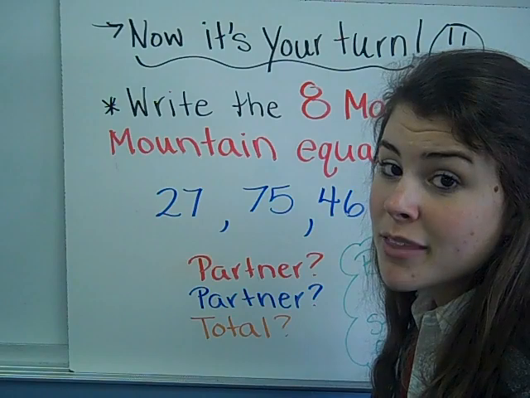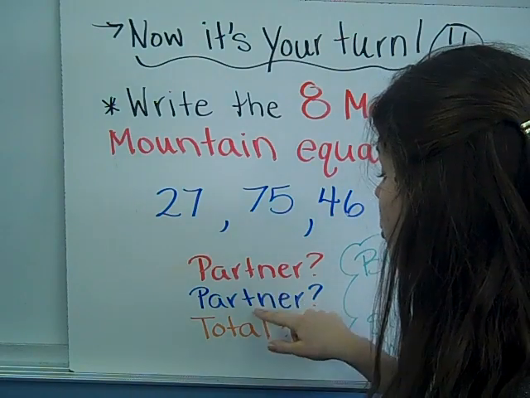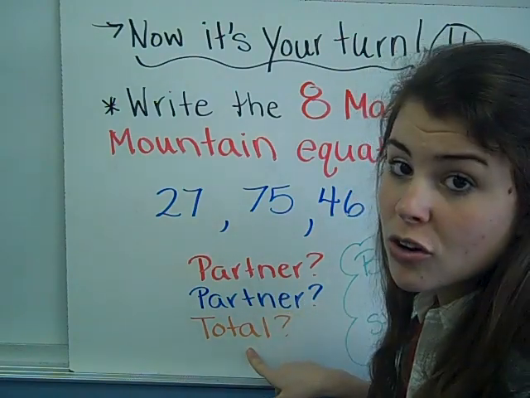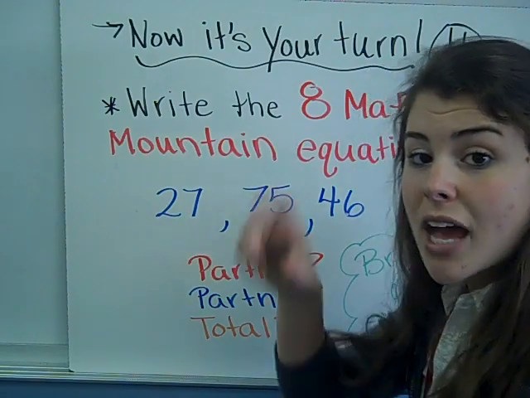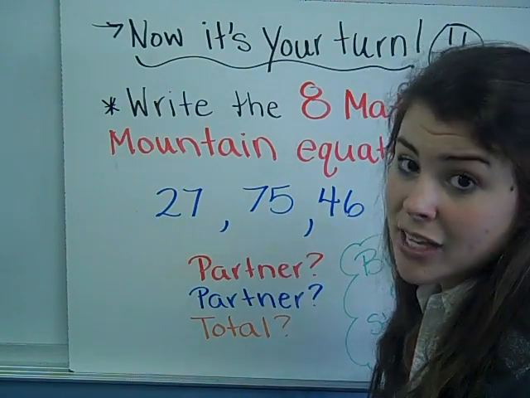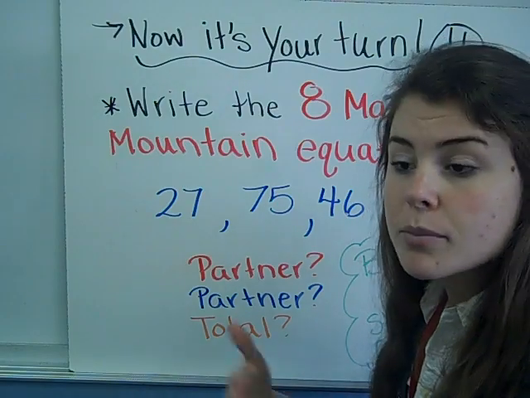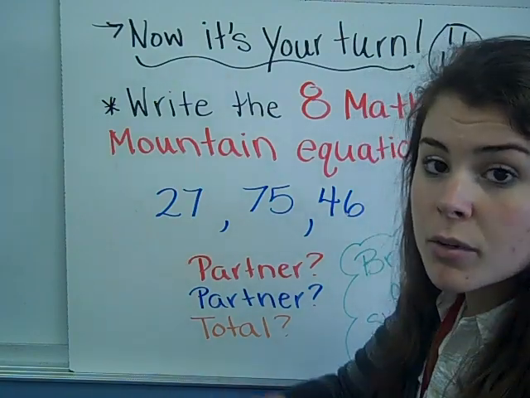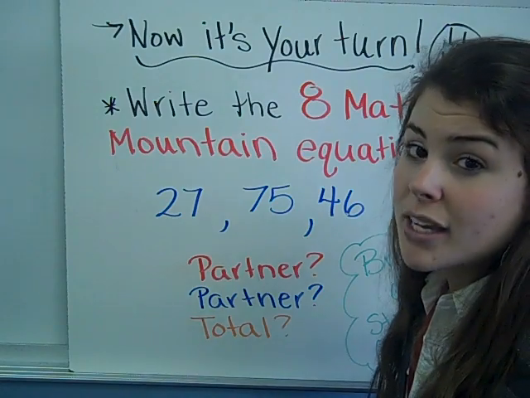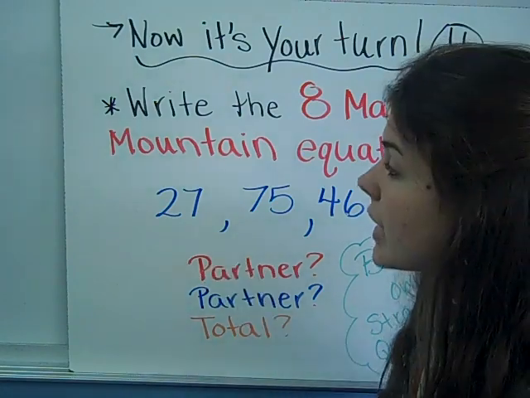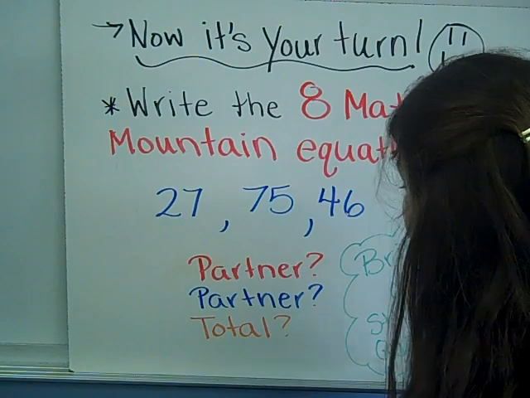When you get started with your Math Mountain, be careful which 2 are your partners and which is your total, because that does make a difference in how you arrange your Math Mountain and your equations. So when you're writing, ask yourself, does this make sense? Okay, does this plus this equal this, or does this number minus that equal that? Check and make sure, because if you take your time, it'll make sense, okay?